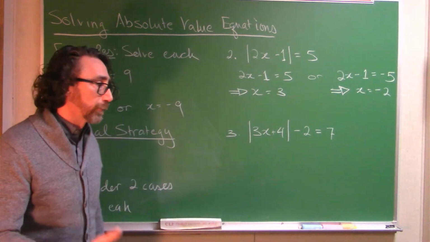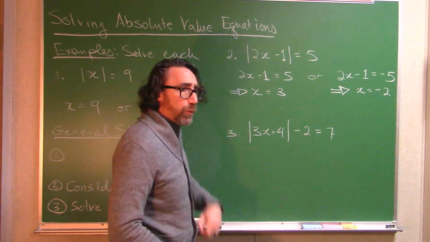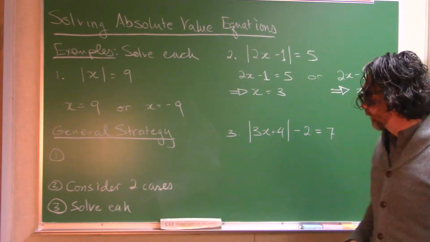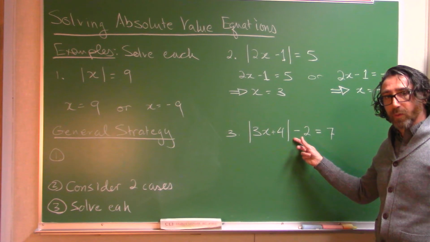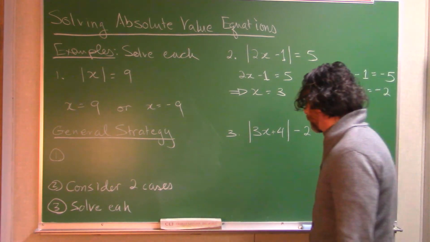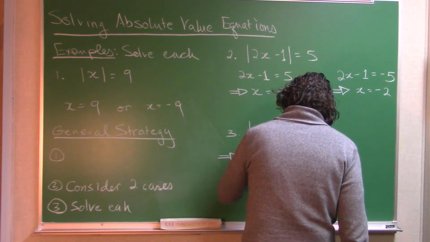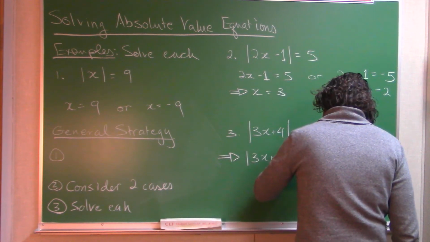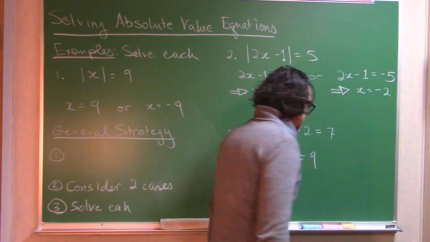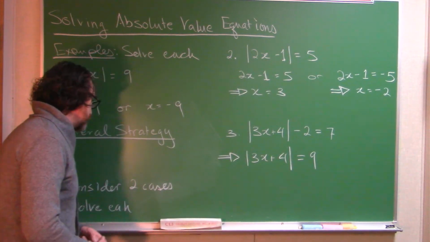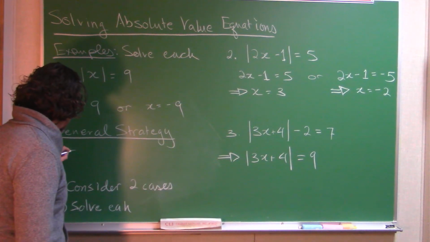to the equation. Okay, this is more complicated still because we have this extra bit over here outside the absolute value. So what I'm going to do first is this, and that indicates the general step that we're going to have to do.